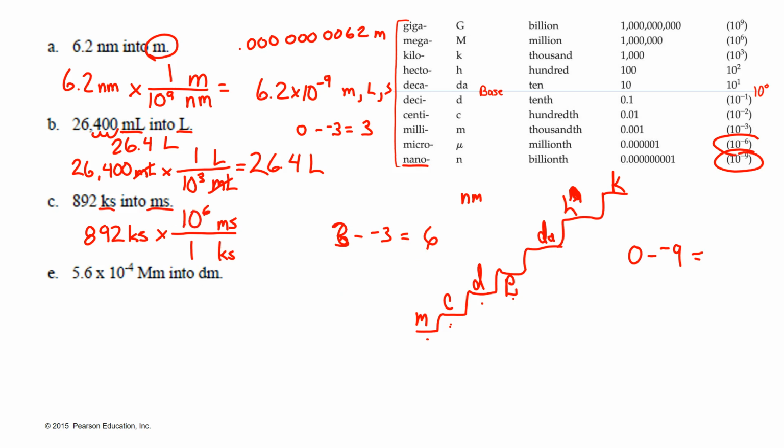I was answering my question while I was writing. It's 10 to the 6. So 892 times 10 to the 6th gives us what?